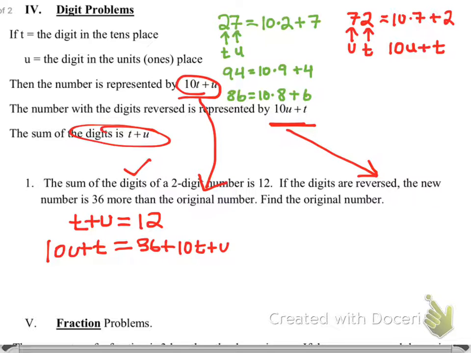I would suggest using this as substitution, using this guy as substitution and solving for something by itself. I'm going to go ahead and actually solve it, and then show you the number, and I'll talk about the problem again.